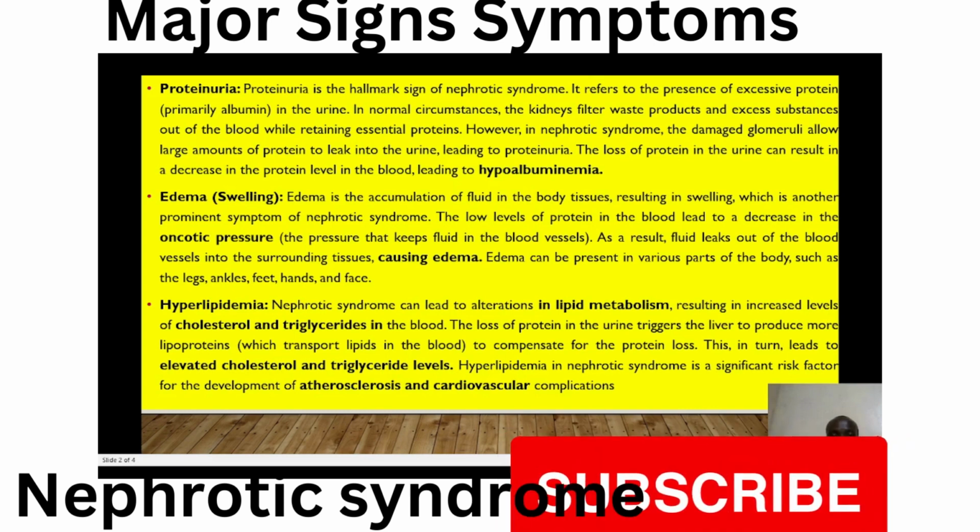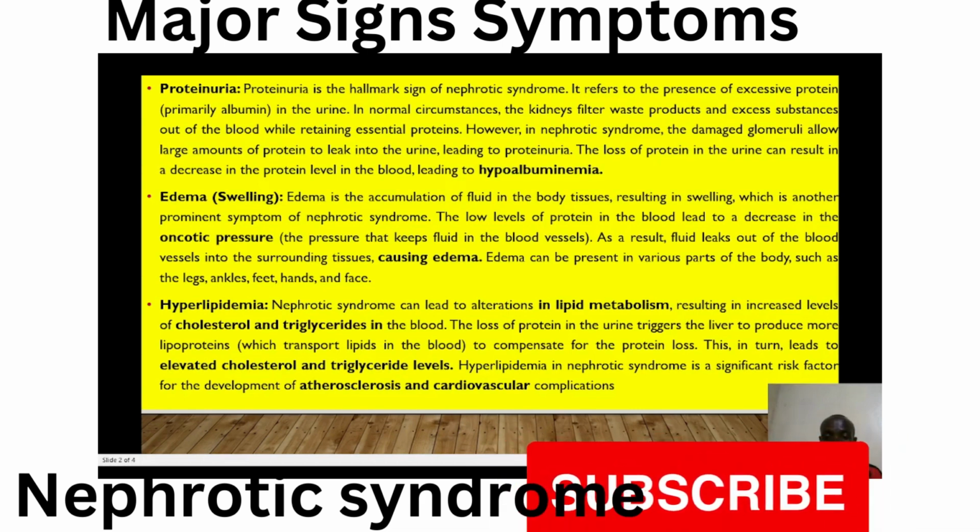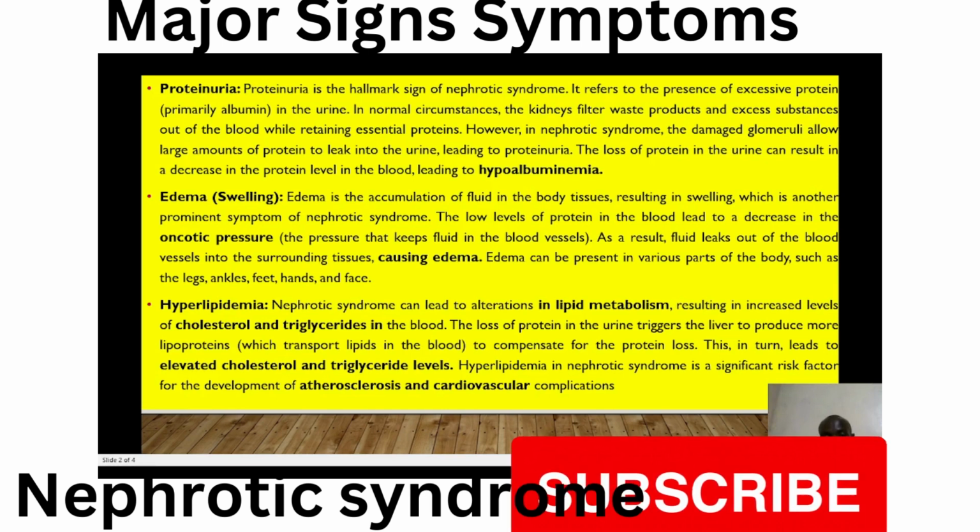So hyperlipidemia in nephrotic syndrome is a significant factor in the development of atherosclerosis and cardiovascular complications. So guys, explain why someone suffering from nephrotic syndrome is at risk of developing atherosclerosis. It's because the decreased proteins normally lead to compensation in the body.